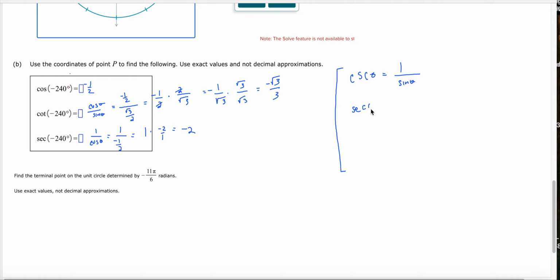Similarly with secant theta, we can think of that as 1 over cosine theta. It's also, when you're looking at the right triangle, hypotenuse over adjacent. And then same thing with cotangent. Cotangent you can think of as 1 over tangent theta, or since we think of tangent as sine over cosine, you can also think of it as cosine over sine.